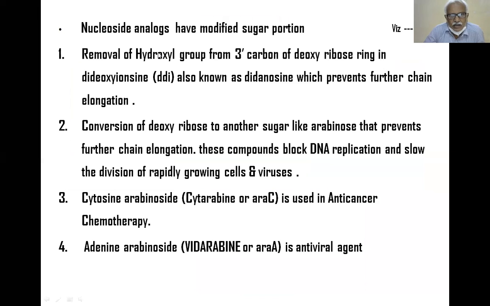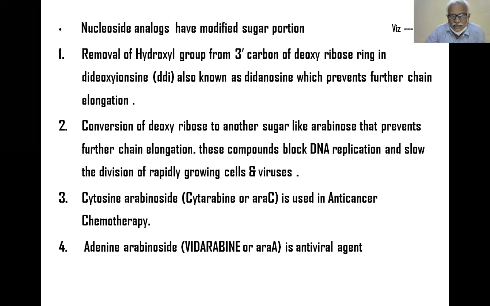So nucleoside analogs have modified sugar portion. Removal of hydroxyl group from 3' carbon of deoxyribose, then dideoxyadenosine, DDI, prevents further chain elongation. So if you remove one hydroxyl group from 3' carbon, further chain elongation is stopped.